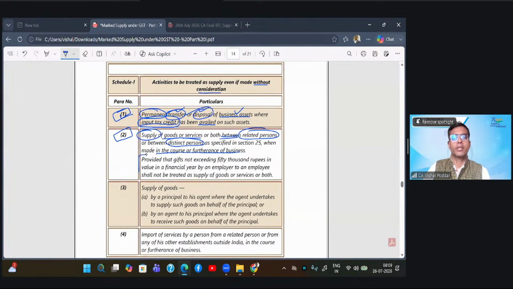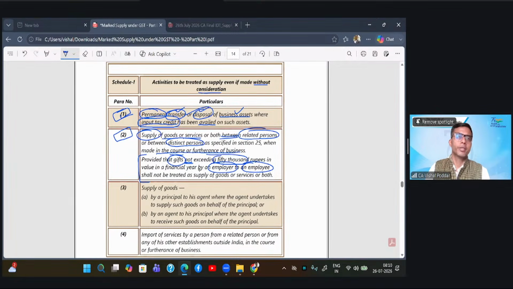Now in Para 2, there is one exception. Now we just saw employer and employee are related persons. So if between them there is anything which is given free, it would still tantamount to supply. However, an exception to this is if an employer is giving gift to its employee and the value of the gift during a financial year is not exceeding 50,000 rupees, then it will be treated as not a supply.